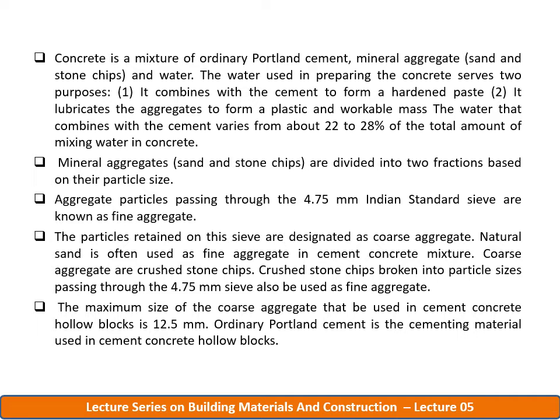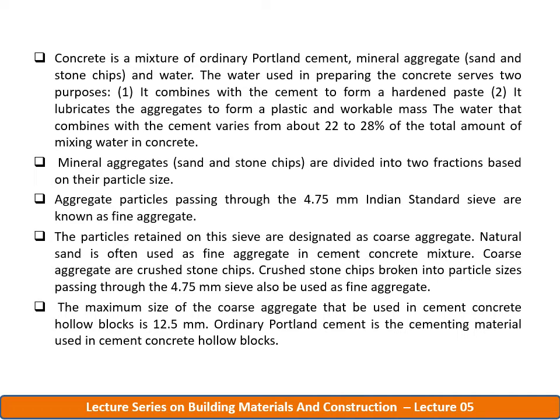Here concrete is used as the main ingredient. It consists of a mixture of Portland cement, mineral aggregate, that is stone and stone chips, and water. The water used in preparing the concrete serves two purposes.